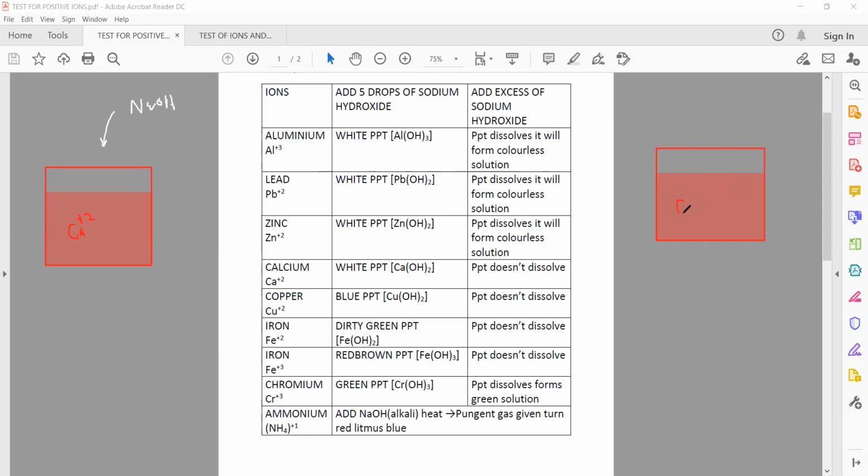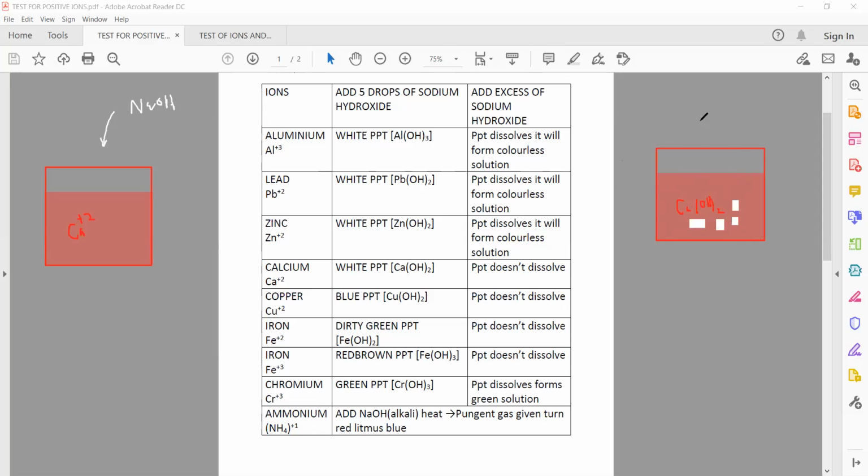So what will be the result? The result will be calcium hydroxide. And what is calcium hydroxide? Calcium hydroxide is also a white solid. So you will observe that a white solid is formed in the solution.